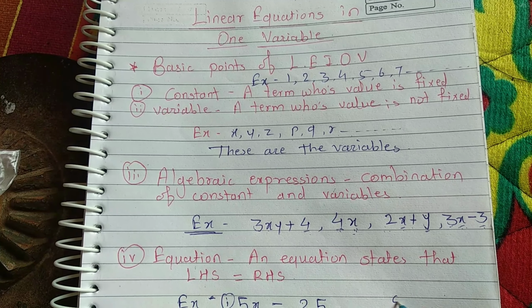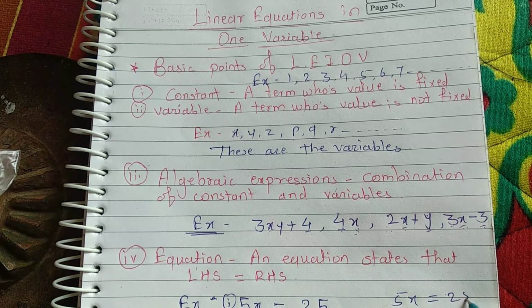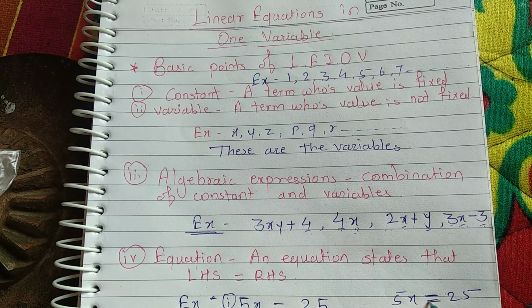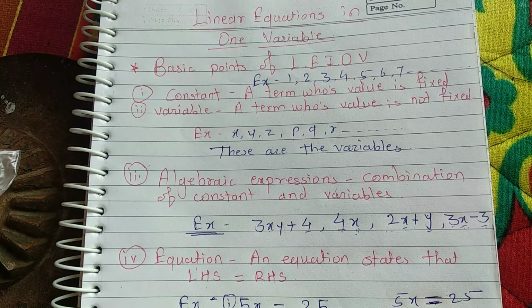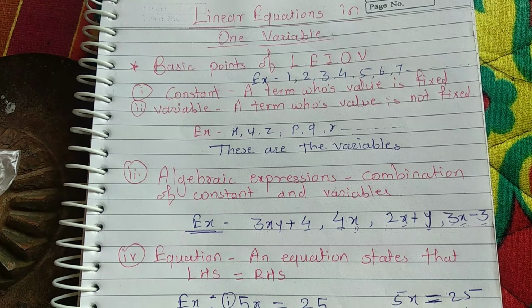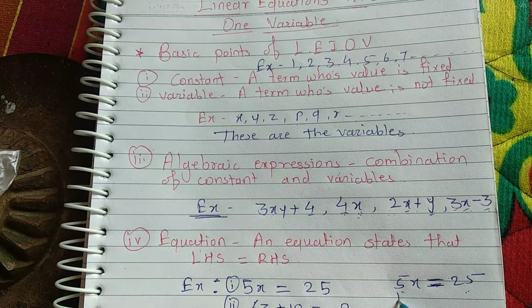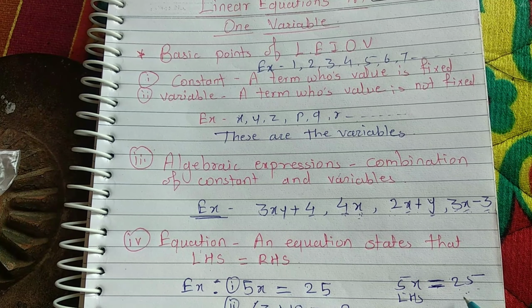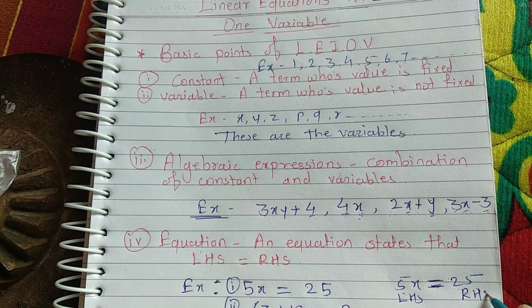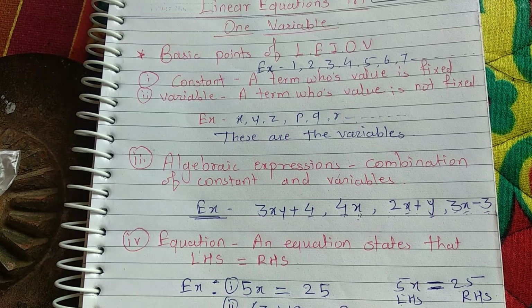Here equality shows. What does this equal sign mean? Both sides are equal. 5x is the LHS and 25 is the RHS. Both sides are the same.